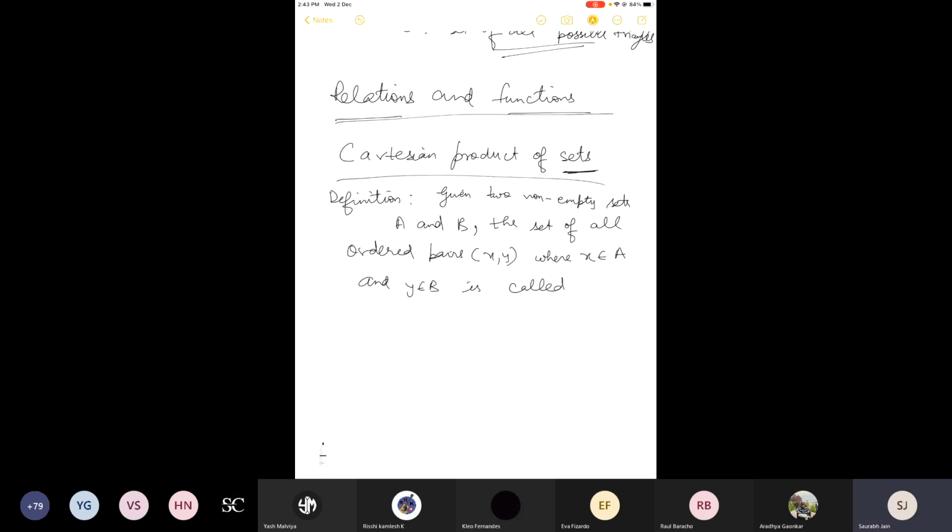Let us take an example to understand this definition. Suppose there is set A which has elements 1, 2 and 3, and set B has elements 4 and 5.